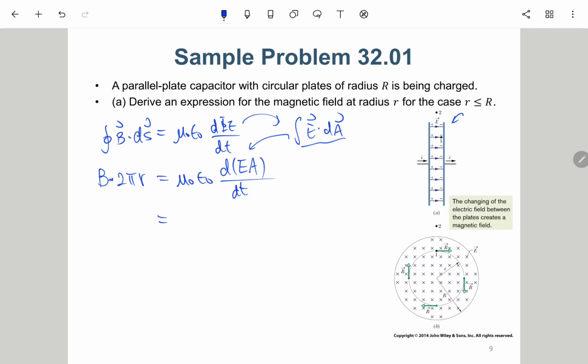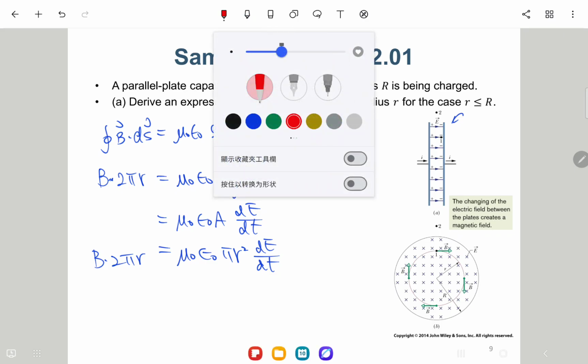A is a constant, so mu naught epsilon naught A dE/dt. And finally, since it is a circle, A is pi r squared, so pi r squared dE/dt. So actually we get B times 2 pi r equals mu naught epsilon naught pi r squared dE/dt. So we can actually make some cancellation.